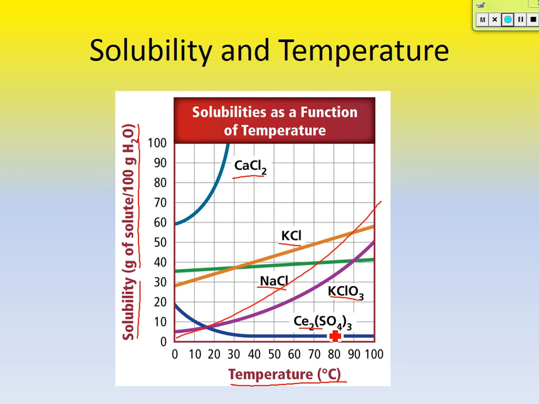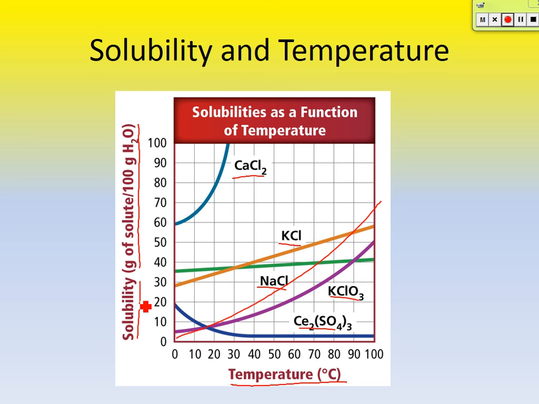For each substance, this is different. There's one on here that actually will go down, but that's kind of an anomaly. Most substances, when you increase the temperature, you will increase the amount of its solubility, so you can dissolve more in a given amount of solvent.